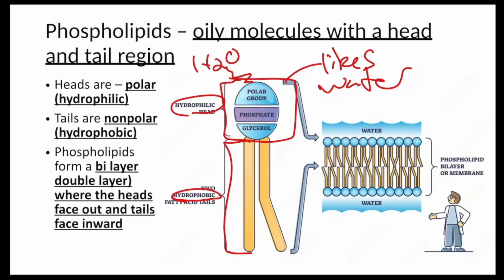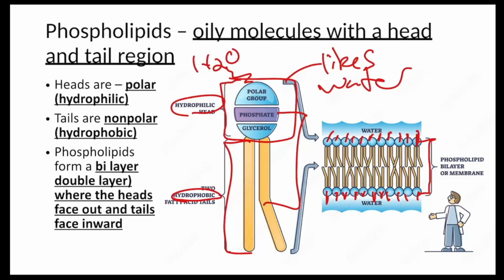So if you put a lot of these together, they naturally form a bilayer, because if you have water on both sides, the heads of the phospholipids want to touch the water, so they'll back up into each other where only the heads are touching water, because the heads are hydrophilic. And since the tails are hydrophobic, they want to escape water, but they can't escape the molecule that they're in, so they have to just face away from the water.